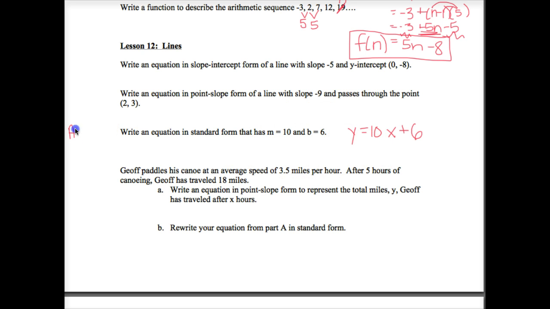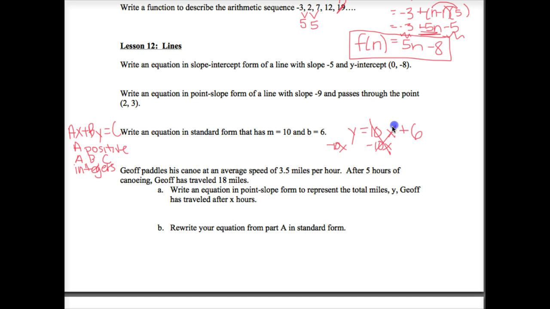So standard form is ax plus by equals c. Remember that a has to be positive, and a, b, and c all have to be integers, meaning no fractions or decimals. So I'm going to subtract the 10x because in standard form, x is first, then y's, then the equal sign, and then the constant.